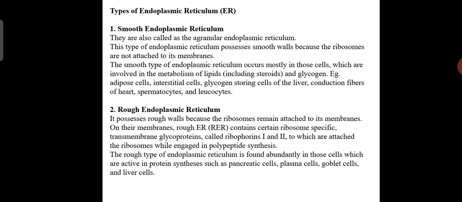The rough type of endoplasmic reticulum is found abundantly in those cells which are active in protein synthesis, such as pancreatic cells, plasma cells, goblet cells and liver cells.